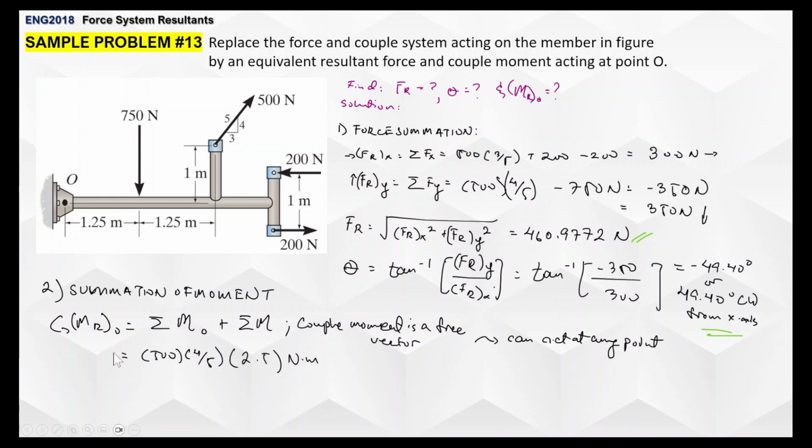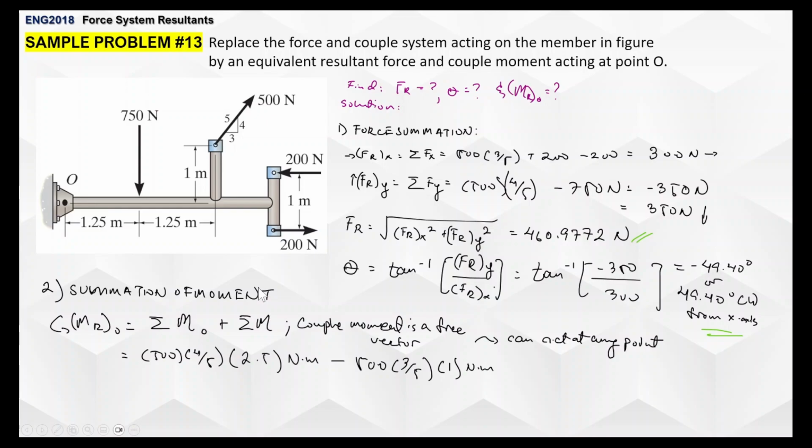There we go. And then let's try the horizontal force, which is 500 times 3 over 5, which is gonna be, again, clockwise direction. So it's gonna be here, yeah. So that's gonna be negative times 1 meter.